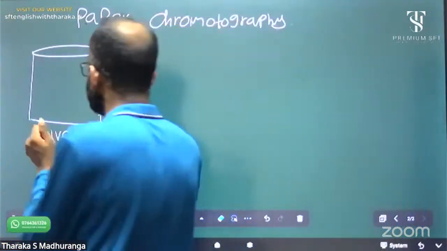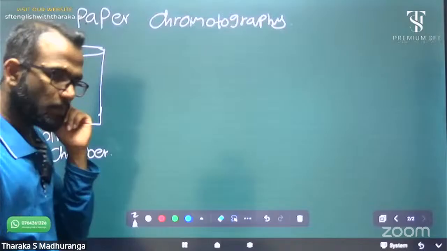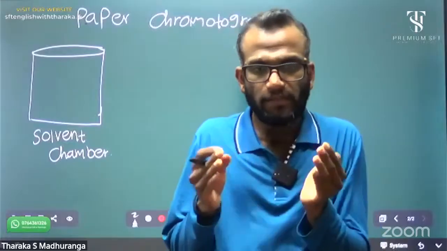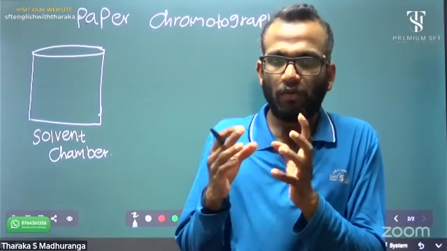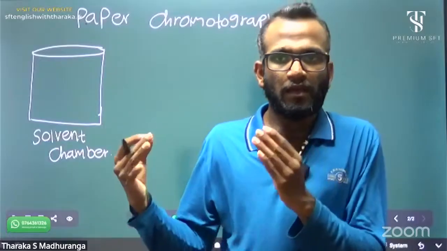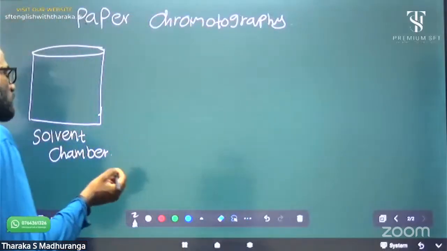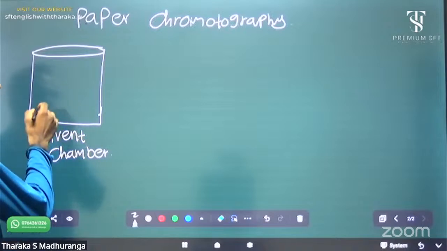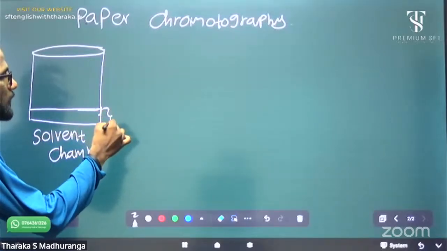And we have to add a suitable solvent that depends on the polarity. Normally we can select ether, benzene or dichloromethane, whatever suitable solvent, and add only 1 centimeter height.